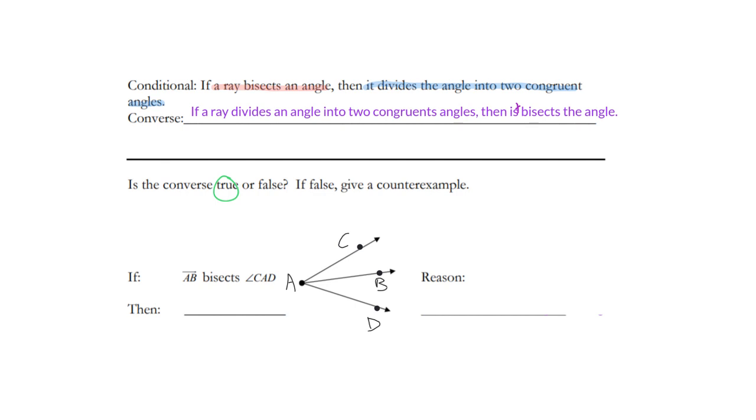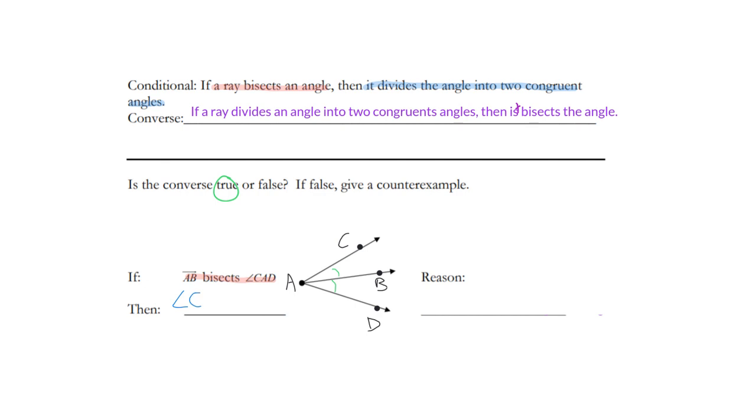So if ray AB bisects angle CAD, we know that means the angle is cut into two congruent pieces. So what pieces are those? Well, those are angle CAB and angle BAD. So this is our if statement, and we are going to write what we can conclude.